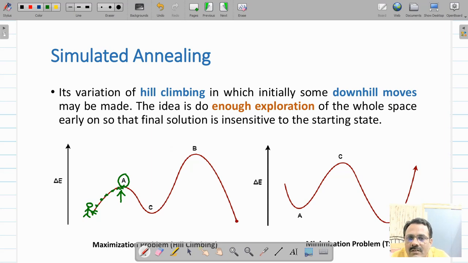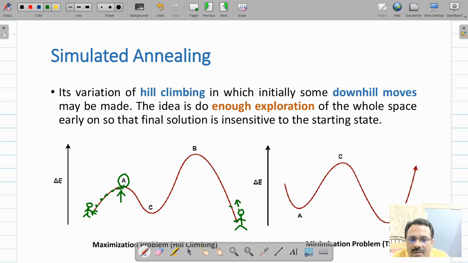So whether you are going to get the solution in the hill climbing algorithm or not depends upon where you have started. Suppose instead of starting at this point, you had started out here, then naturally going up is better.